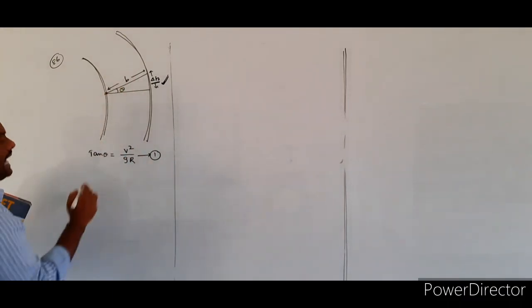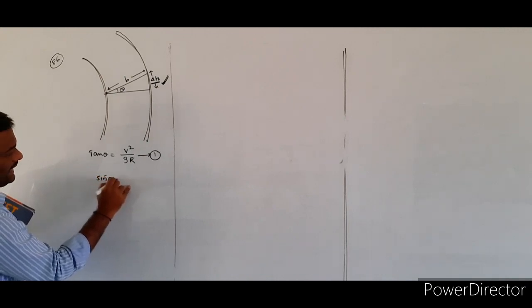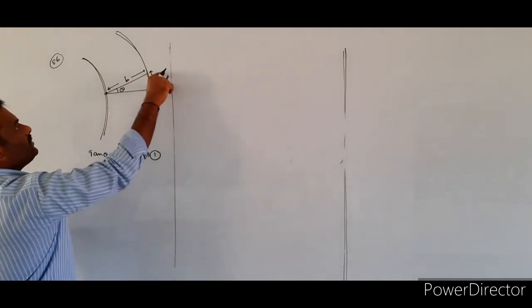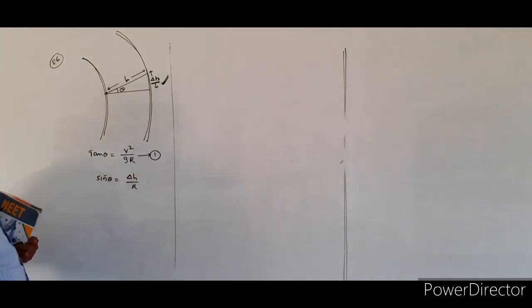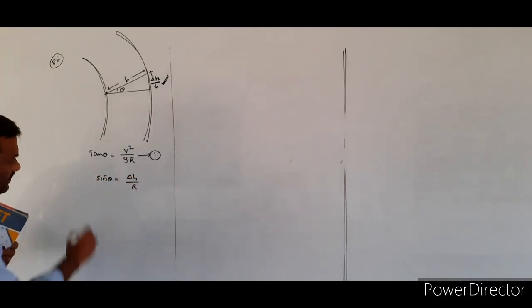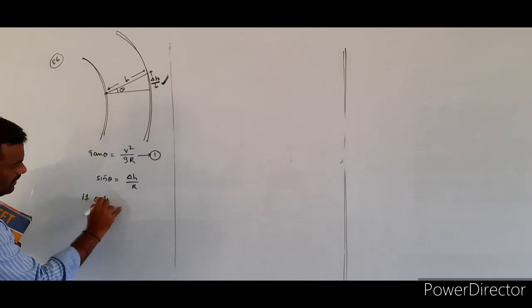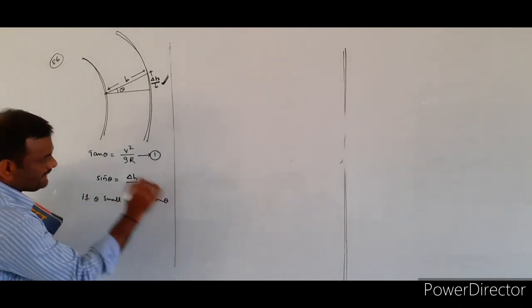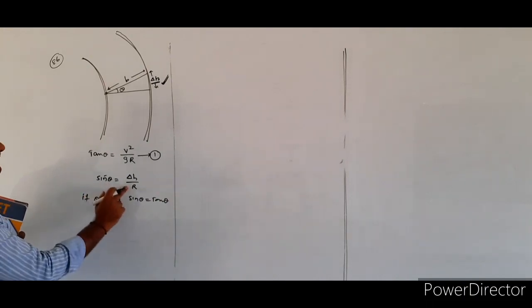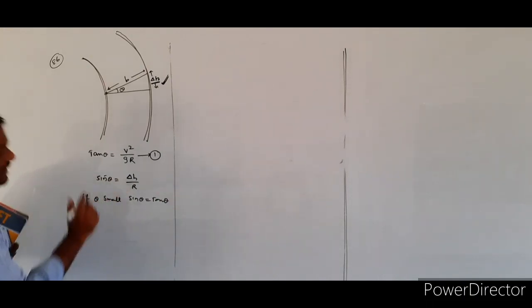For smaller angles, I will consider the sin theta value. Sin theta is opposite side by hypotenuse, that value is equal to delta h by b. If theta is small, sin theta is equal to tan theta.